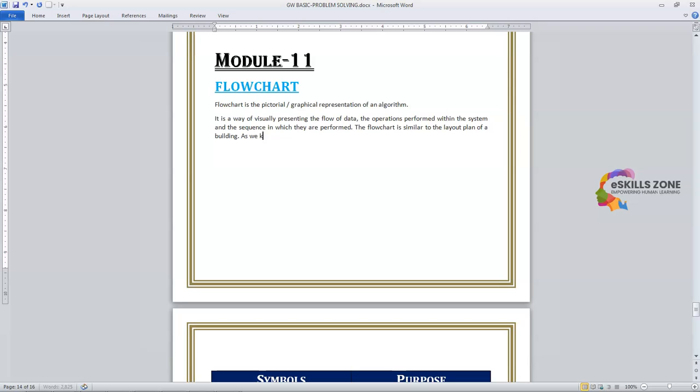As we know, a designer draws a layout plan before starting construction on a building.